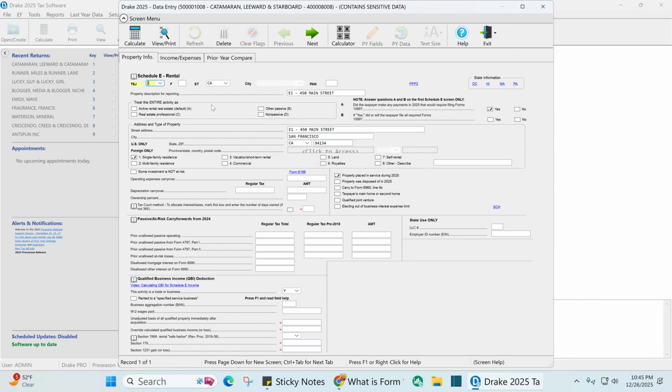This rental property was just bought this year. Where to find it? Right here. They bought it January 6th of 2025. So you put both husband and wife as owners. Where do we know it? The closing statement. If they show one person's name, that's that person. If they show two people's names, then both.